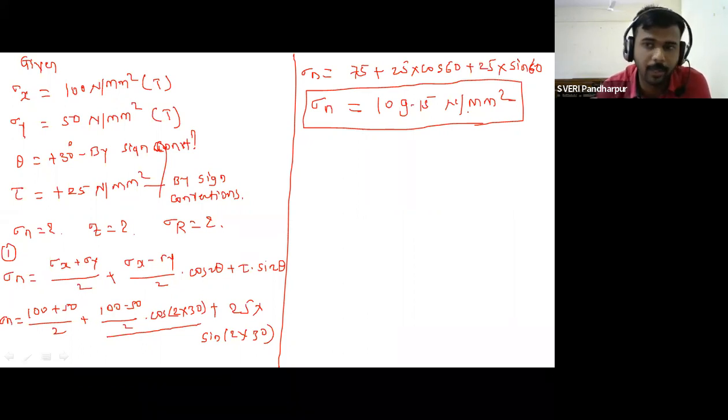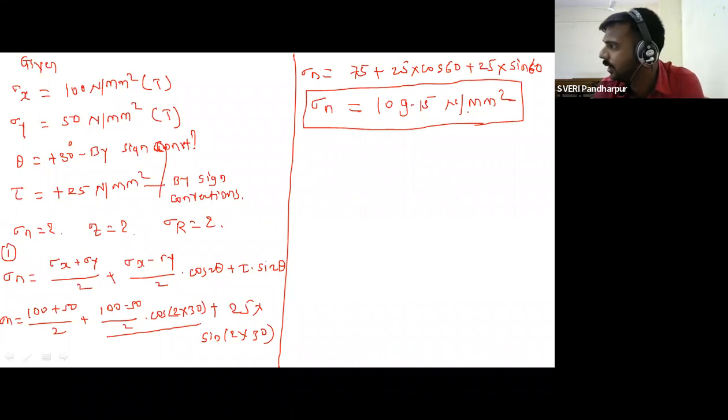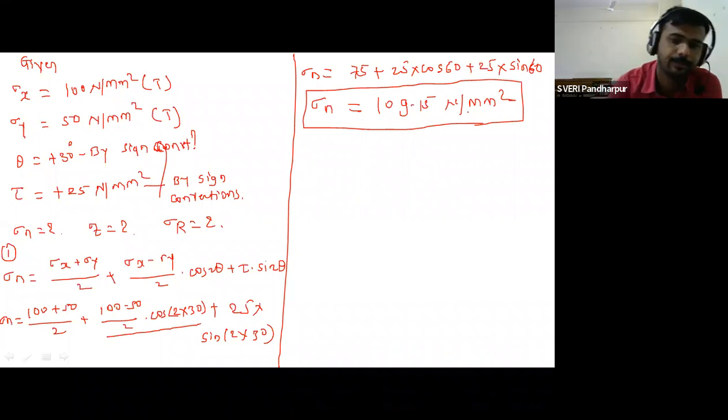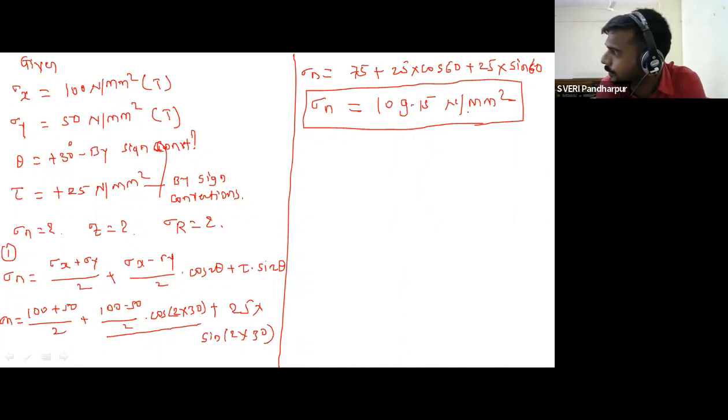109.15 Newton per mm square. Please check, have you got the answer or not? Sometimes we forget to apply some brackets in the calculation, due to which your calculation becomes wrong.